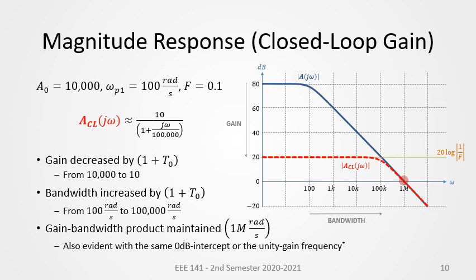This is also evident with the same 0 dB intercept or unity gain frequency, which approximates the gain bandwidth product for a single pole system with DC gains considerably above 0 dB.